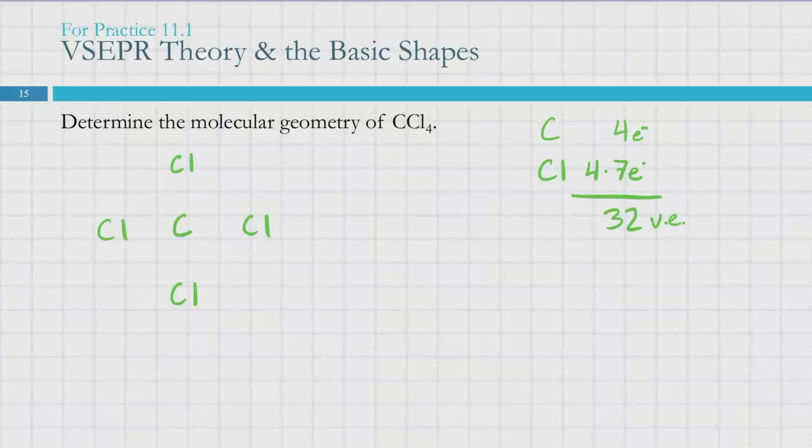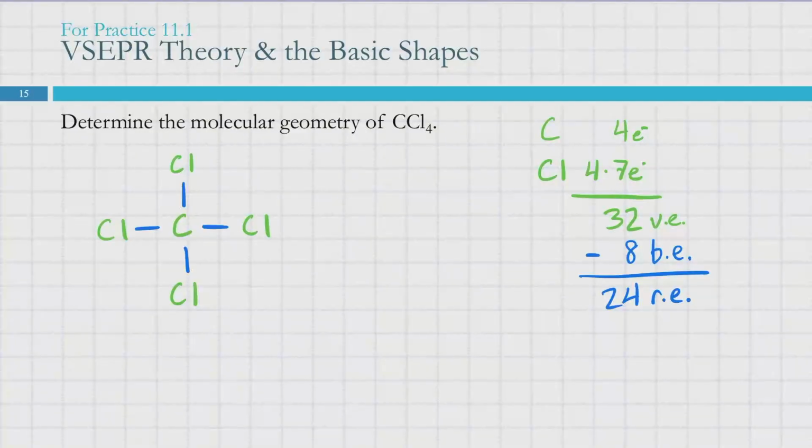In order to connect everything, we need bonds. So we're going to put bonds between our carbon and our chlorine. We've placed 4 bonds, 2 electrons each. 2 times 4 gives us 8 bonding electrons. That's going to leave us with 24 remaining electrons.